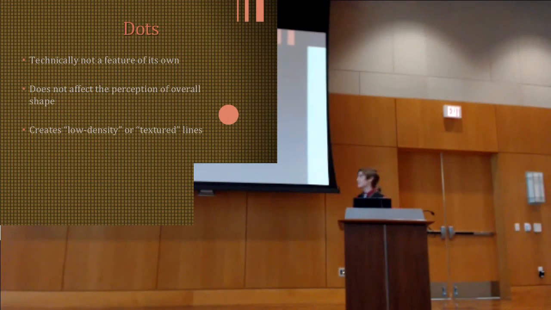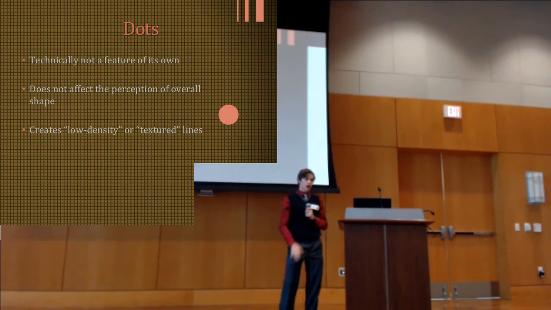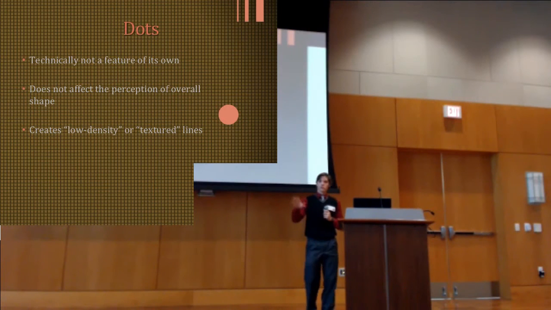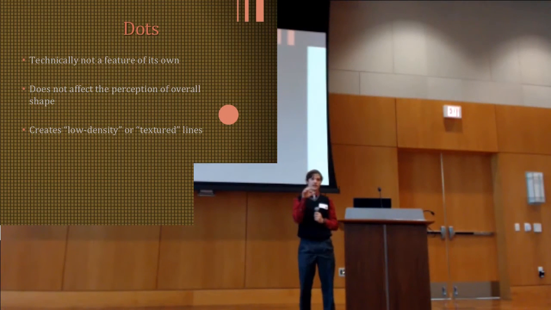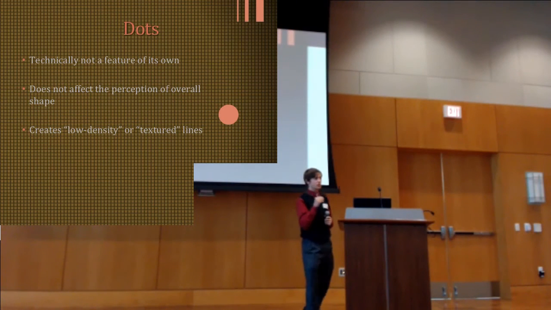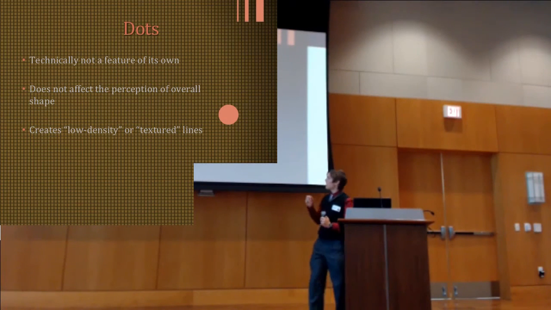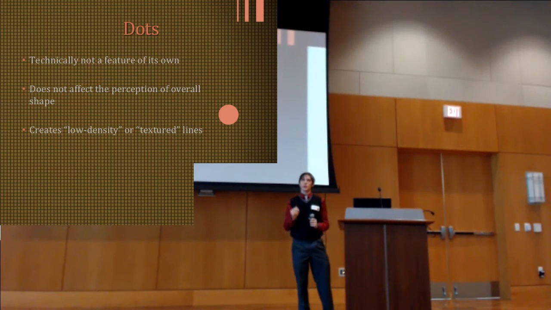And finally, dots. They're technically not a feature of their own, but they're still very important. Dots are essentially treated as low density or textured lines connecting to whatever they're near. Because the dots still exist as dots, they're different than actually having a line there, but not in the sense of how we perceive the letter.